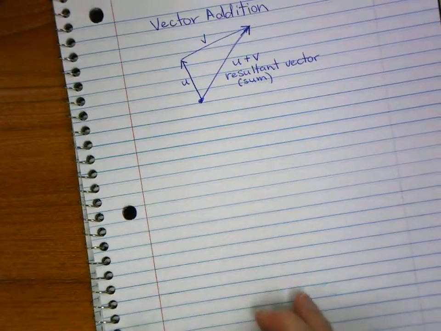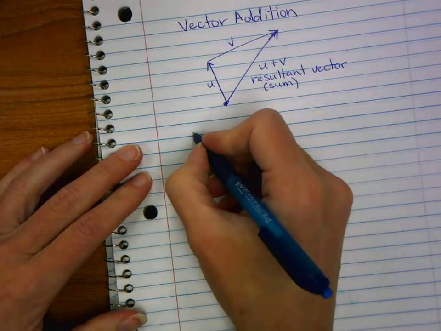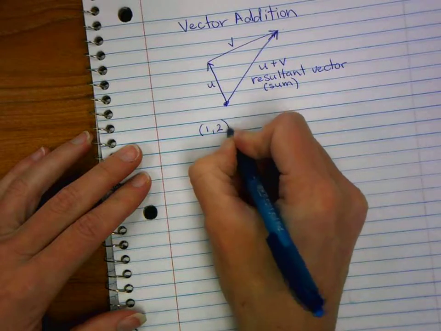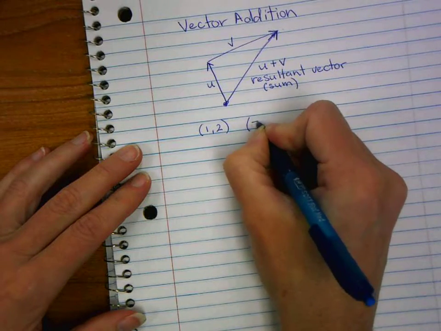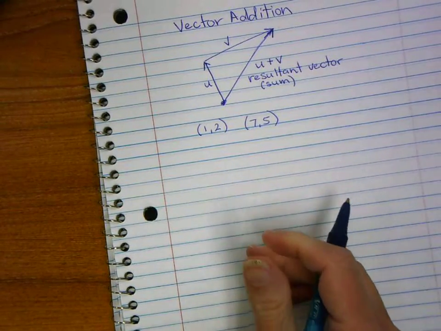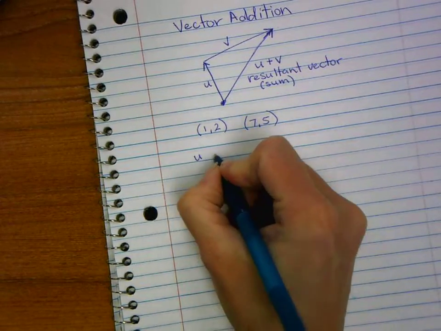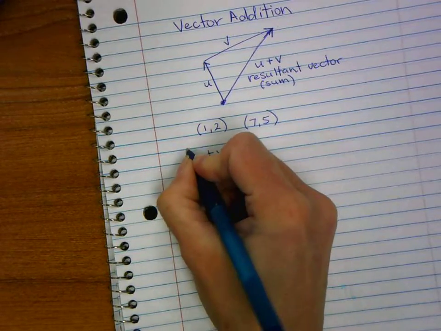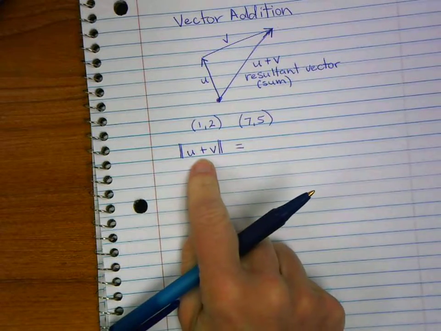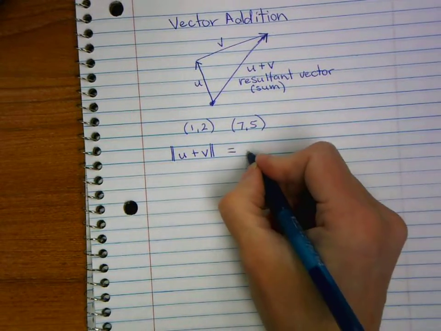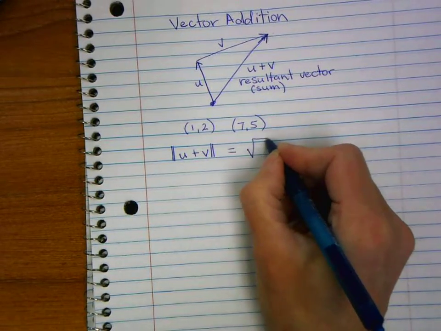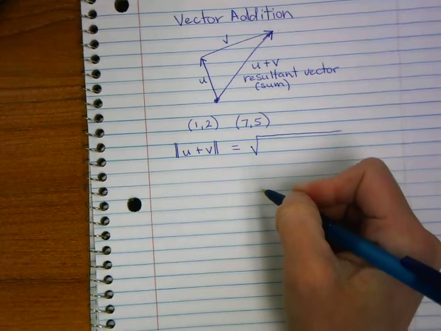And so in order to calculate a vector that has an initial point of (1, 2) and a terminal point of (7, 5), we use our distance formula for finding the magnitude of the resultant vector u plus v. So that means that we are going to do, again, a squared plus b squared equals c squared, which is how we derive the distance formula.